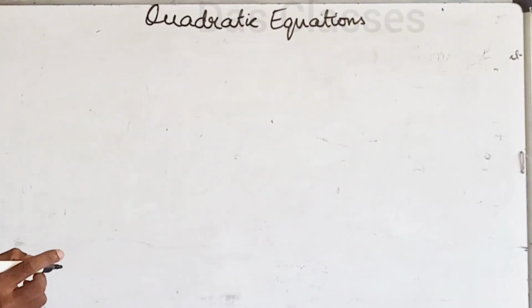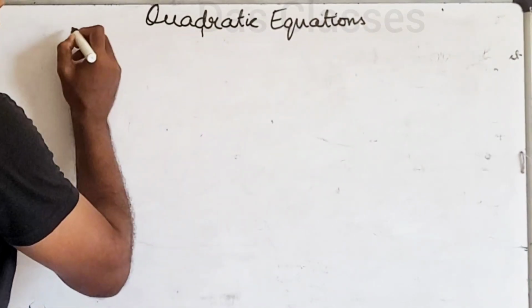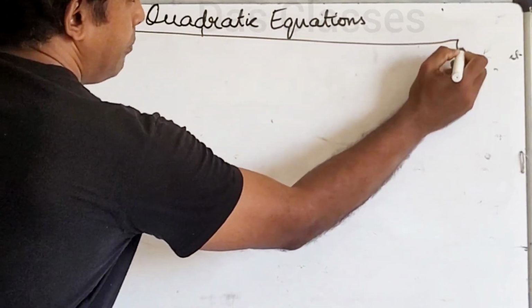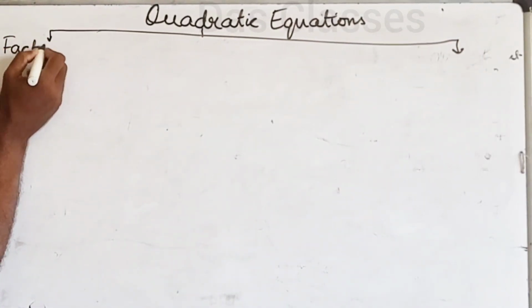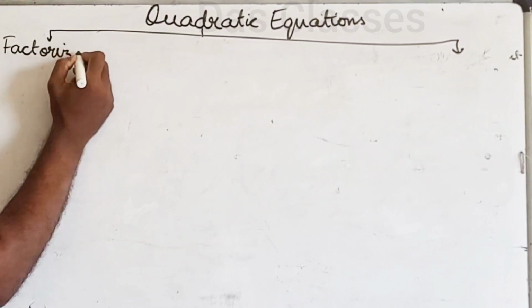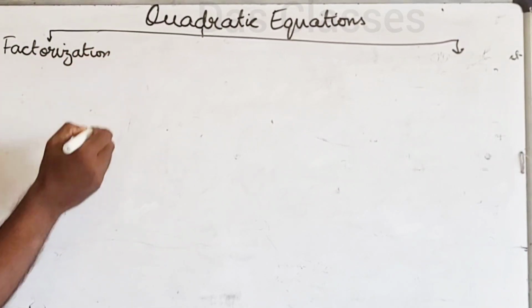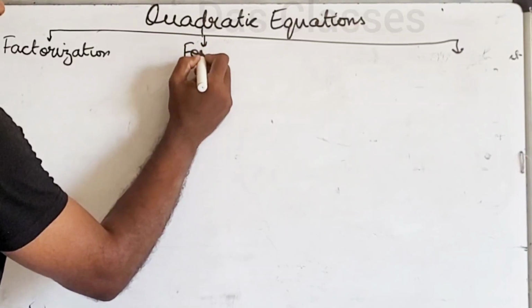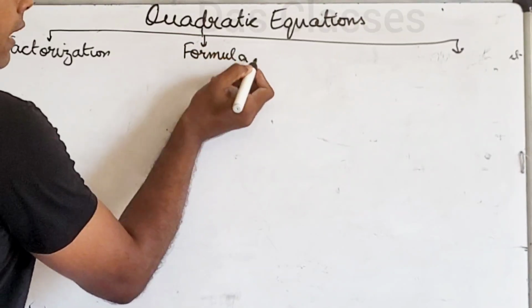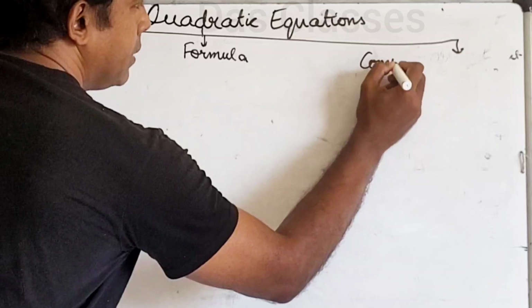So, quadratic equations are solved by three methods, out of which one type we already saw in our last video, that is the factorization method. In this video, we'll see the formula method and the completing the square method.